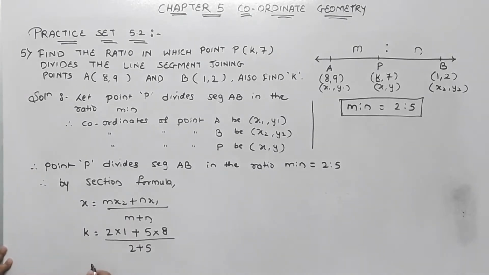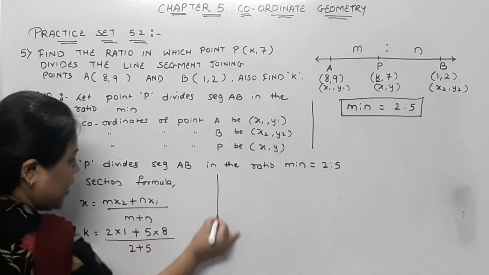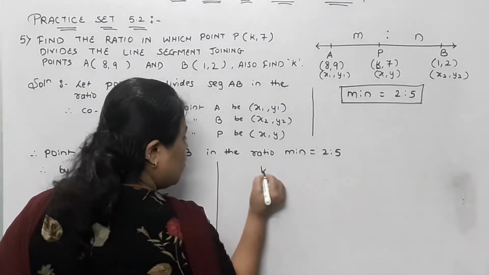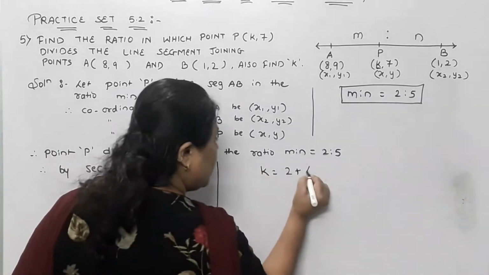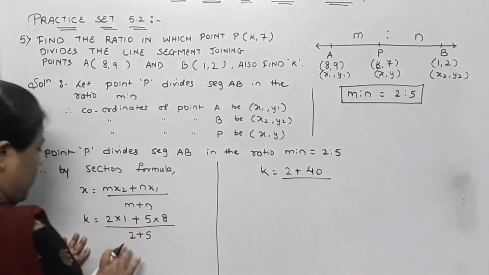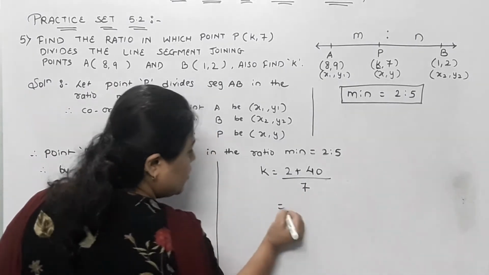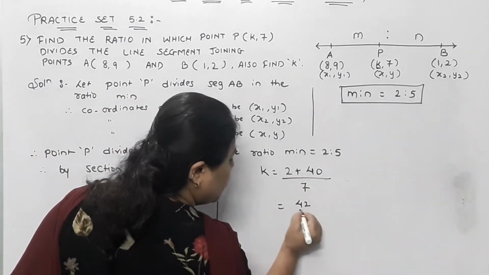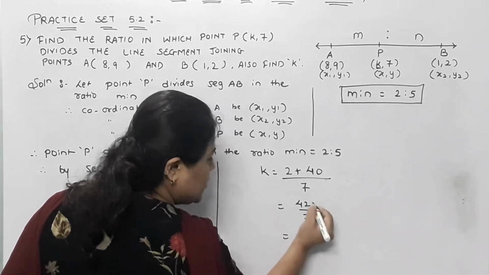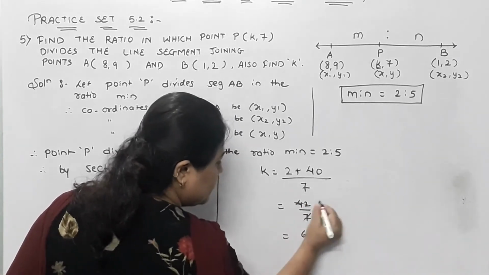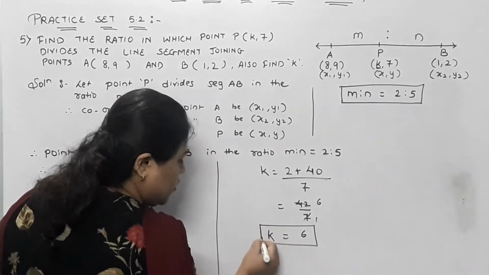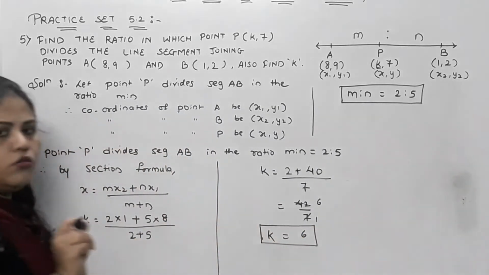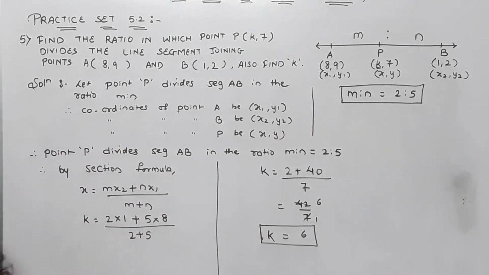Now see here, k equals to 2 ones are 2 plus 8 fives are 40 upon 5 plus 2 is 7. So it will be 42 upon 7. 7 ones are 7, 7 sixes are 42. So it is k equals to 6. So here we get the answer for k also. Okay. Note down the answer. Then we'll see the next sum.